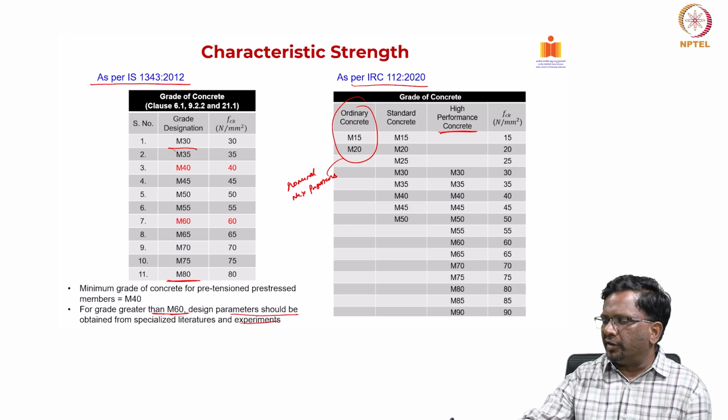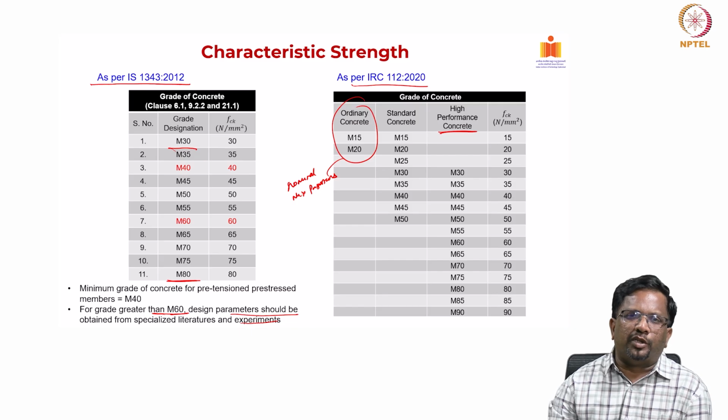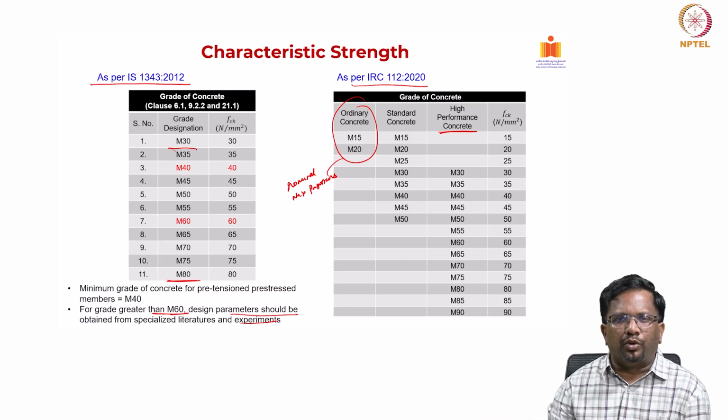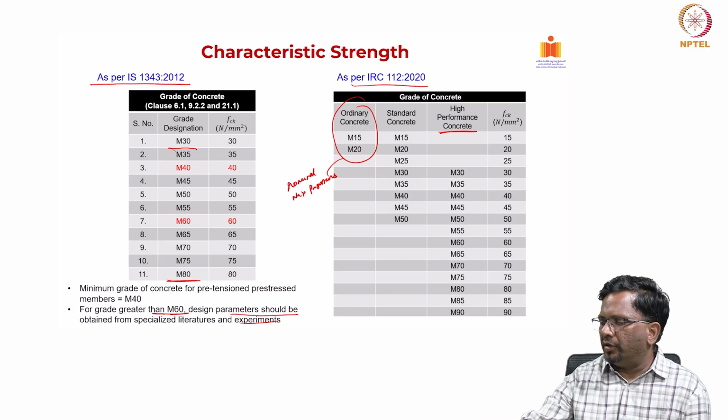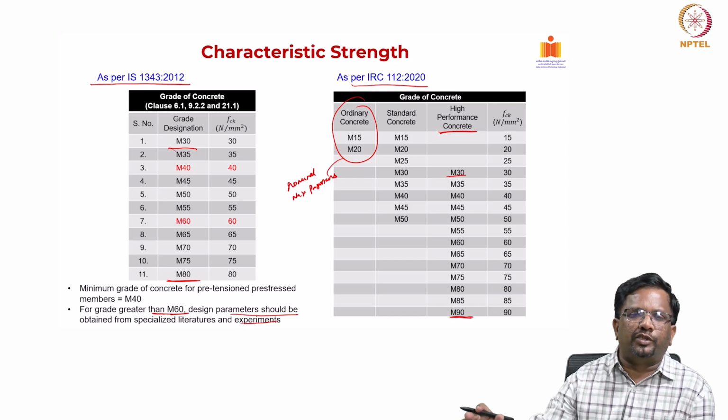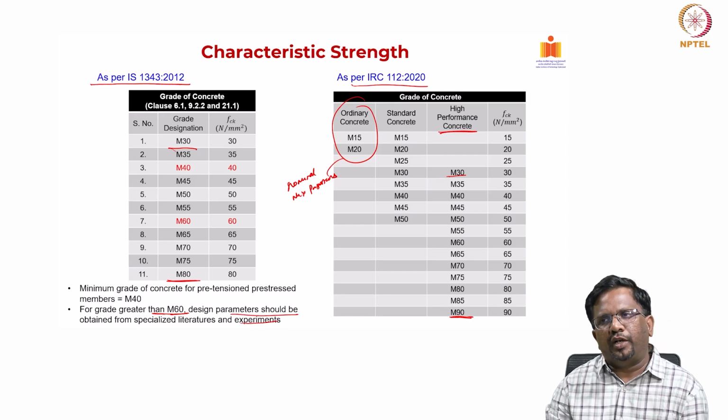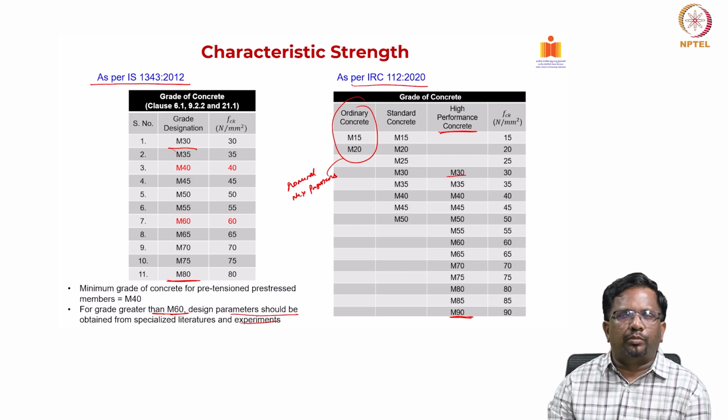So the strength can be the same, but by adding supplementary cementitious materials I can get more durable concrete. That is what is designated as high performance concrete, starting from M30 to as high as M90. So the provisions in IRC 112 are valid for strength up to M90.